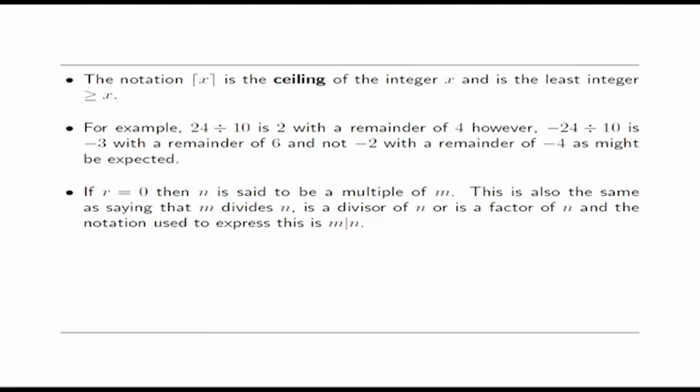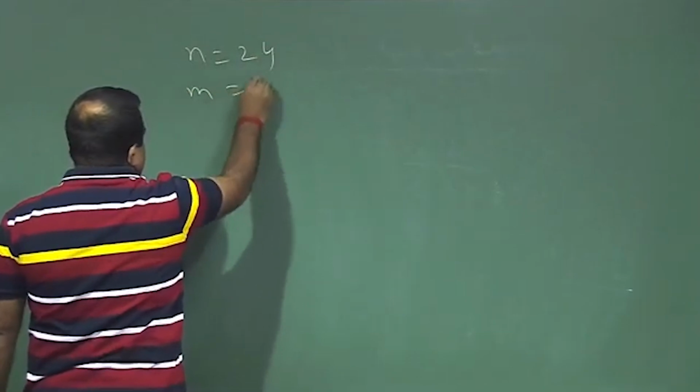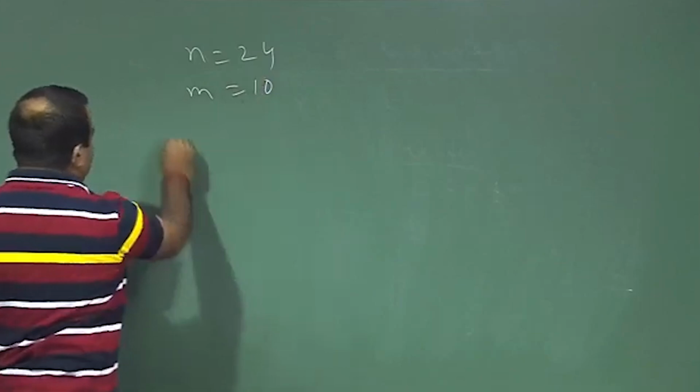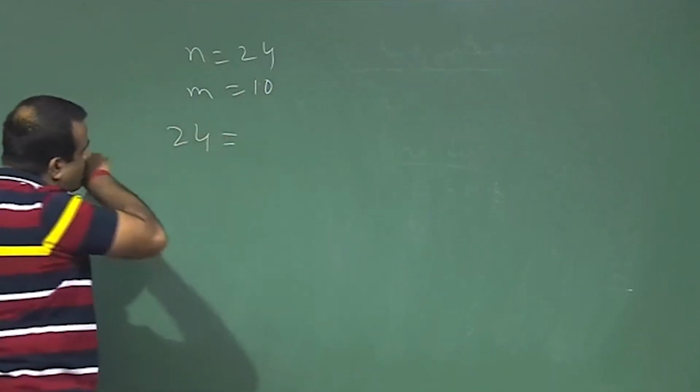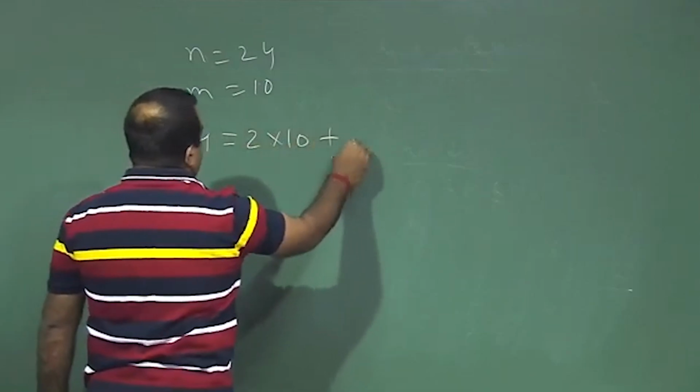Now, suppose we want to divide 24 by 10. So, suppose n is equal to 24, m is equal to 10. So, we want to divide 24 by 10. So, 24 basically can be written as 2 into 10 plus 4.